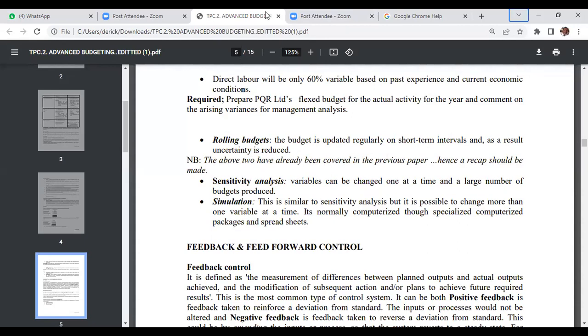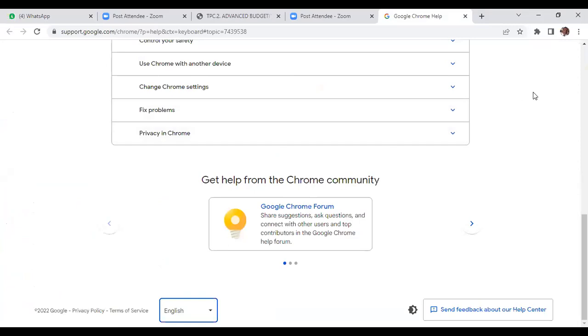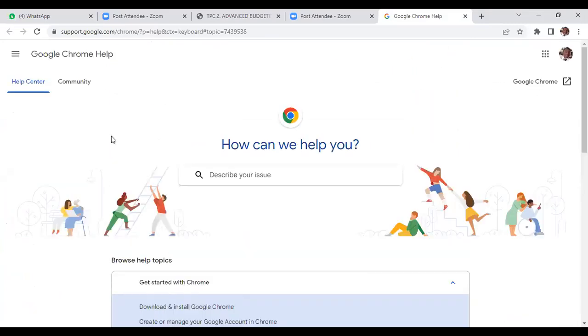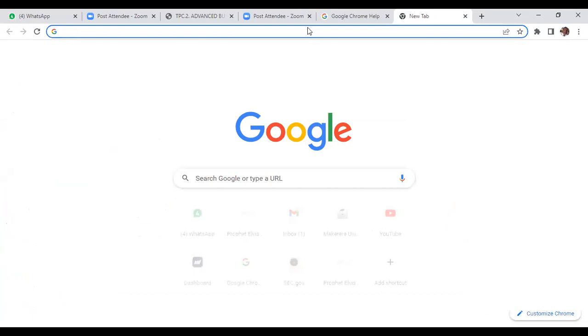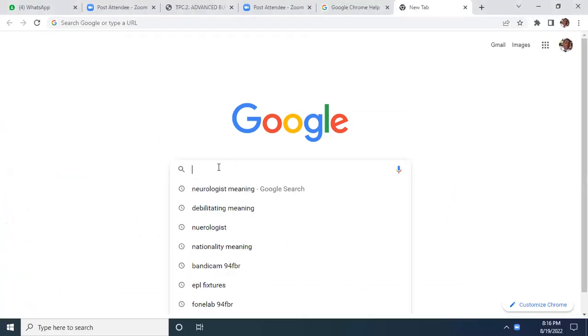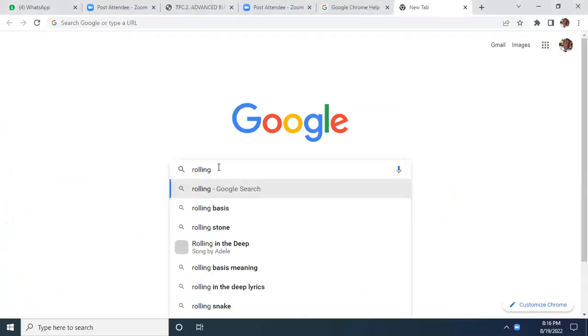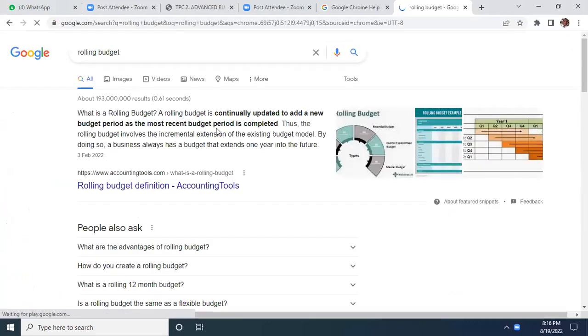You can even Google and see about it. A rolling budget is continually updated to add a new budget period as the most recent budget period is completed.